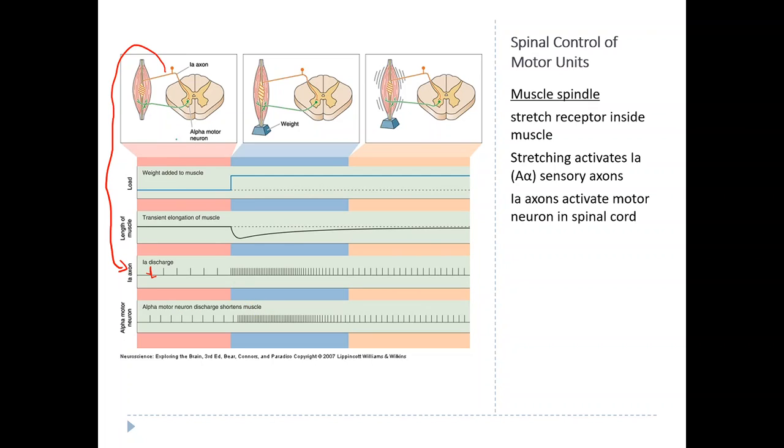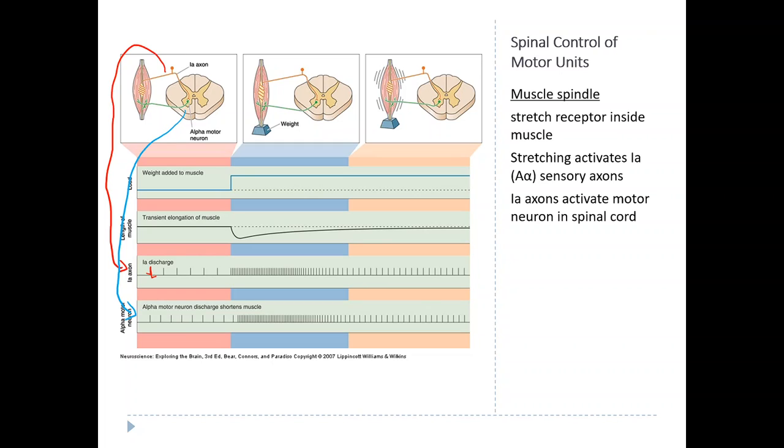So this bottom line is recording from this alpha motor neuron here. So these are action potentials being produced by the motor neuron. And of course, the motor neuron, when it is active, it sends action potentials down its axon to the muscle. And as we know now, when the muscle is active, it starts to contract.